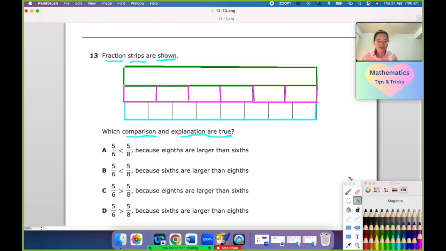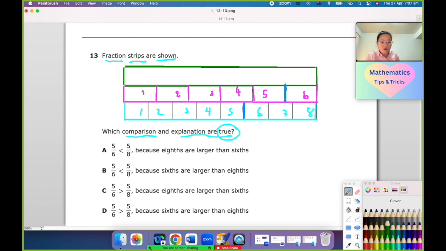Okay, this one is 1, 2, 3, 4, 5, 6. How about the last one, how many parts? 1, 2, 3, 4, 5, 6, 7, 8, right? 8 parts. Now you would like to compare, you want to find the one that is true. 5 over 6, can you see this one? 5 over 6 here, is it less than 5 over 8?